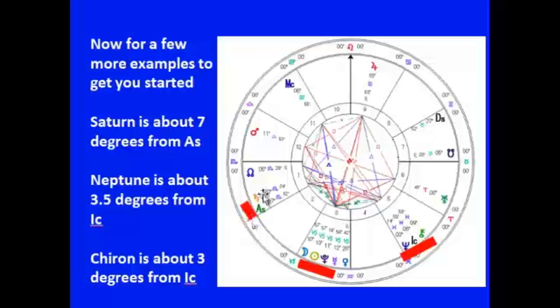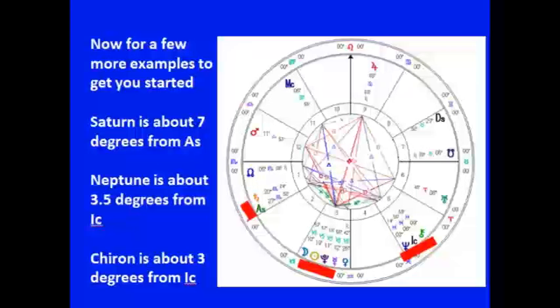So again, we have Saturn on the ascendant within 7 degrees, and we have Neptune a little more than 3 degrees from the IC, and Chiron almost exactly 3 degrees from the IC, so aspecting that angle.